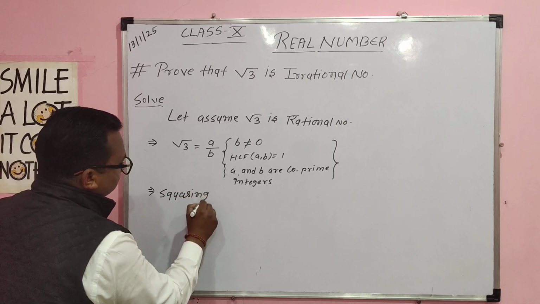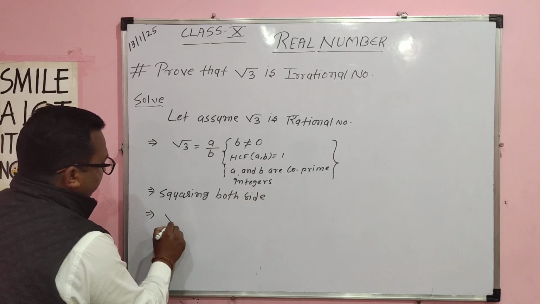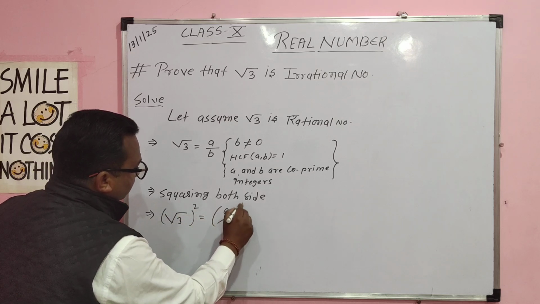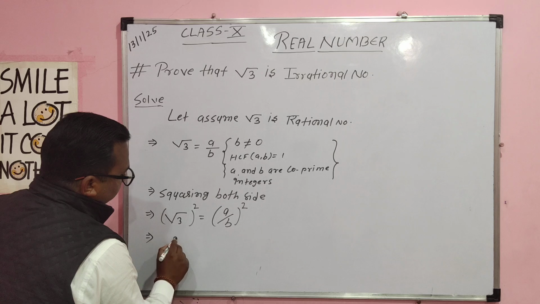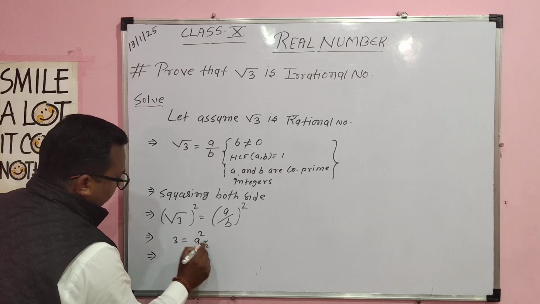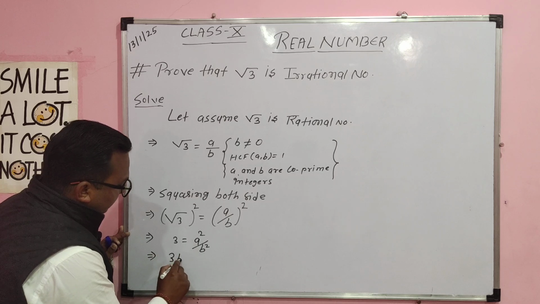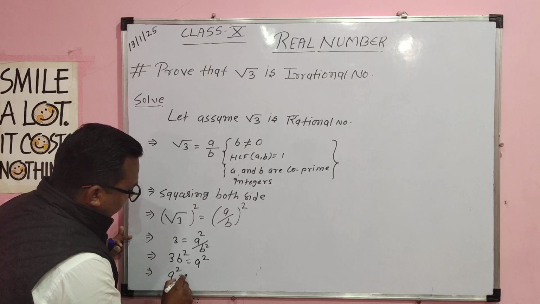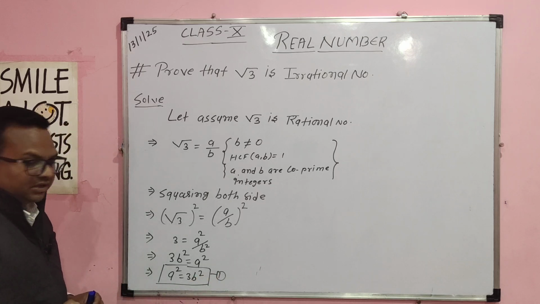Squaring both sides means √3 to the power 2 equals (a by b) to the power 2. Here 3 equals a square upon b square. Cross multiplication gives 3b square equals a square, so a square equals 3b square. Equation number first. Understand?